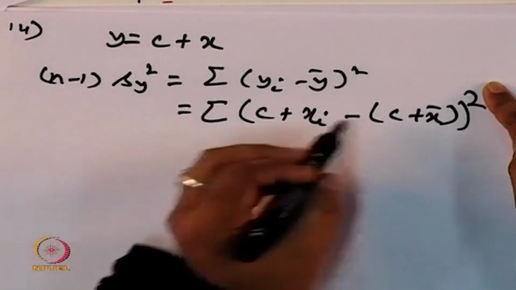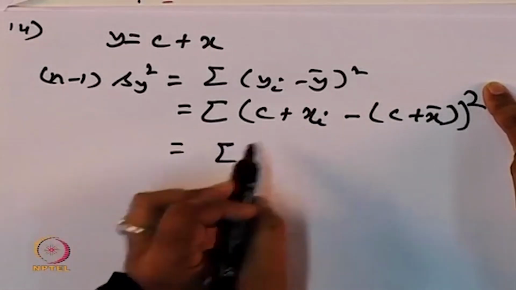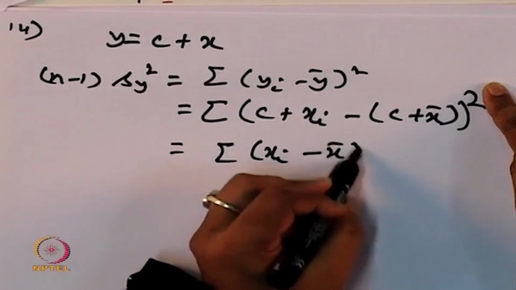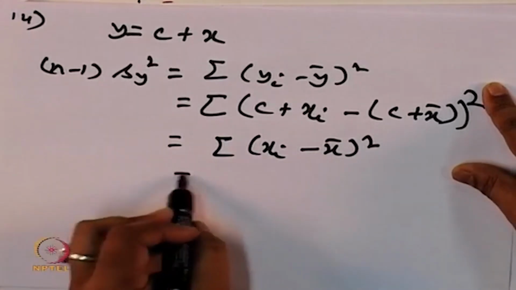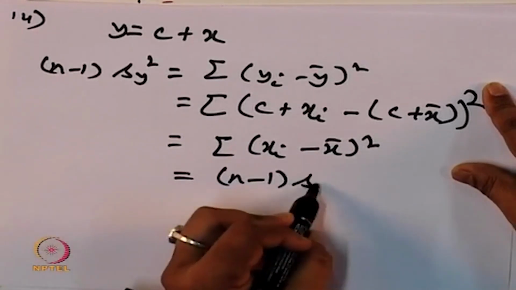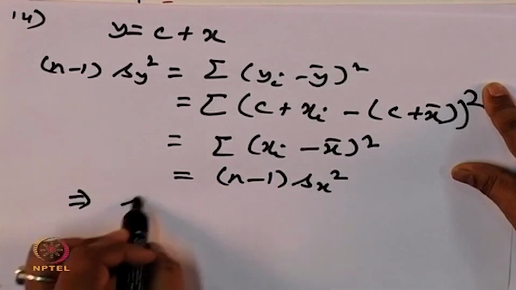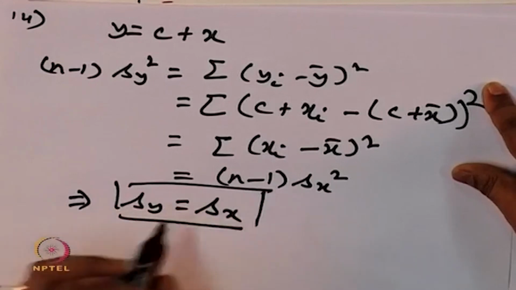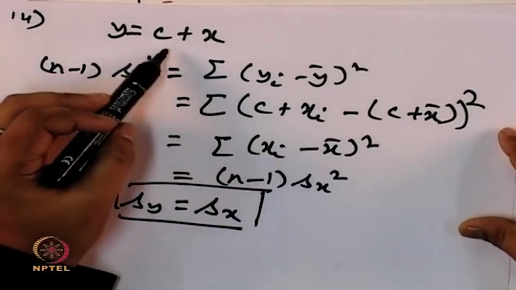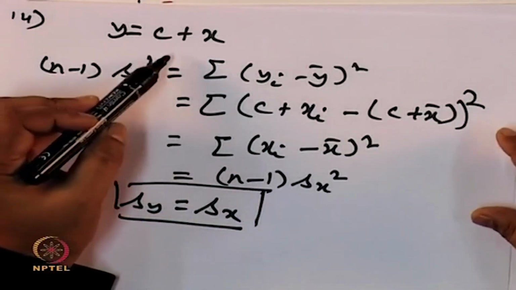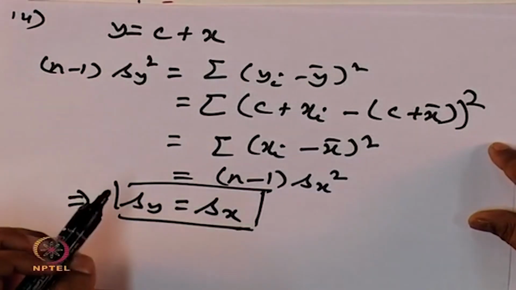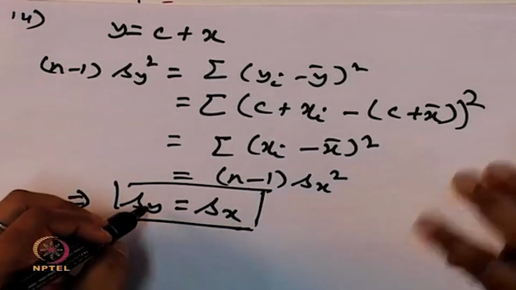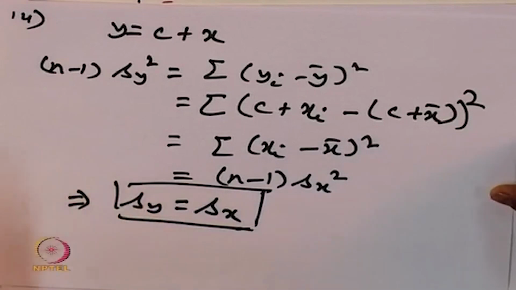So, I can deduct c from each, which is nothing but xi minus x bar whole square. So, this is nothing but n minus 1 into sx square. So, this would give me that sy is equal to sx. So, when you have a constant being added to this value, it does not change the final standard deviation. In other words, standard deviation is insensitive to any constant being added.